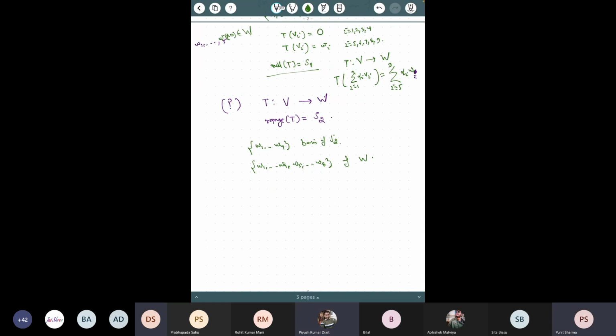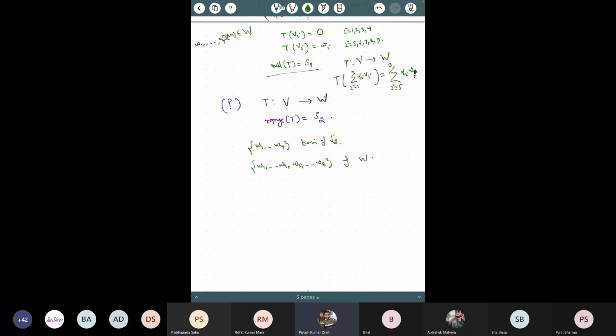Let's say dimension of V equals 9, so V1, V2, up to V9 is the basis of V. And we define T(Vi) equal to 0 for i equal to 1 to 5, and T(Vi) equal to Wi for the rest.